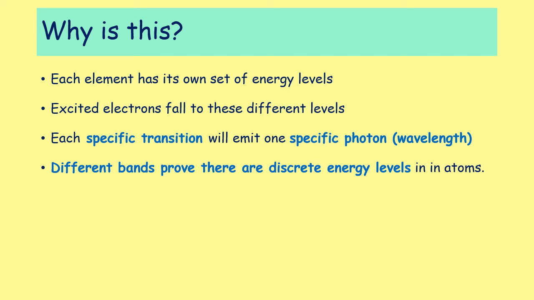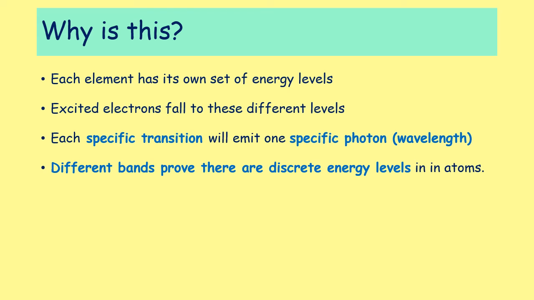And the different bands that we saw in the visible light spectrum in the previous slide prove that there are discrete energy levels. Now, discrete means that they exist at exact values.